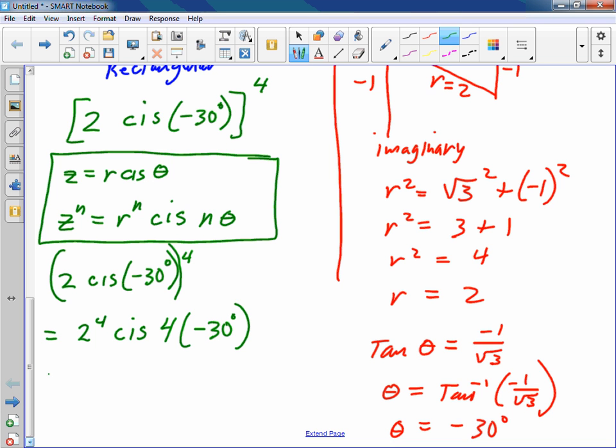Okay? 2 to the fourth, of course, is just 16 cis, and 4 times negative 30 is negative 120 degrees.